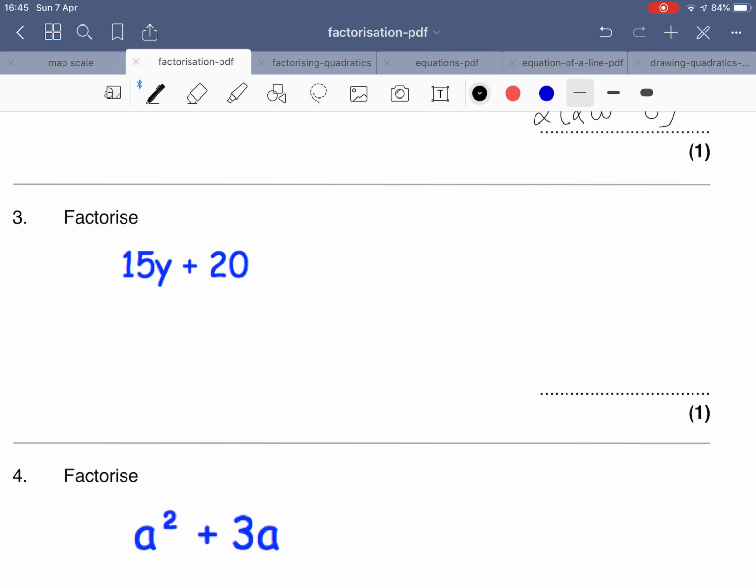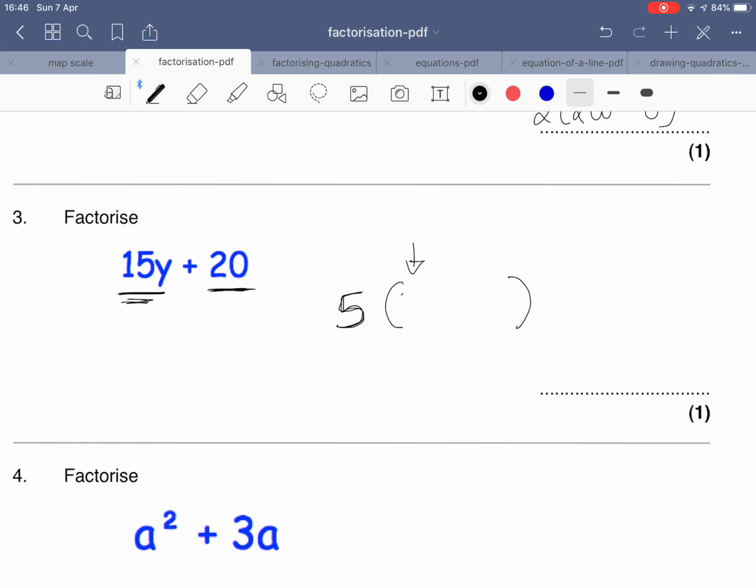Right. I need my brackets. What goes into 15y and 20? There's no letter in both, so there's no letter on the outside, but I know that 5 goes into 15 and 20. So that comes on the outside of my bracket. And then I want 5 times this here to give me 15y.